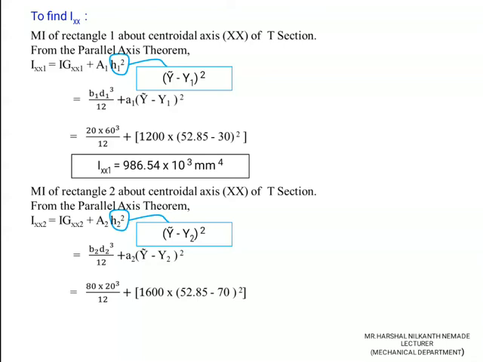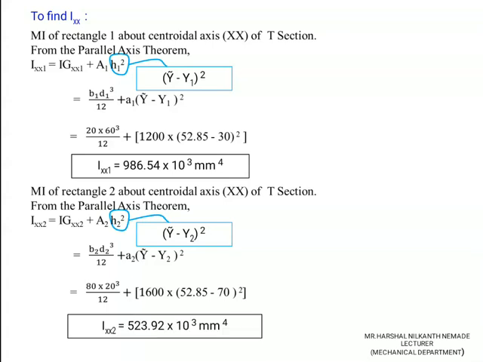After substituting the values, 80 multiplied by 20 cube divided by 12 plus 1600 multiplied by y bar value 52.85 minus y2 value 70 the whole square. Solving, I will get Ixx2 is equal to 523.92 multiplied by 10 raised to 3, and unit will be mm raised to 4.